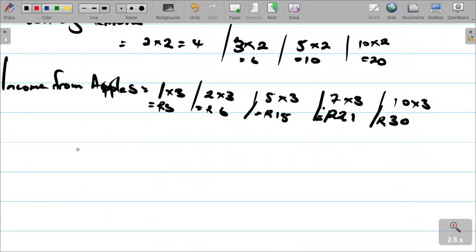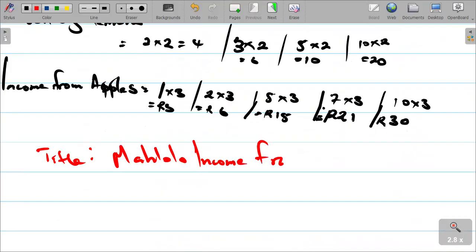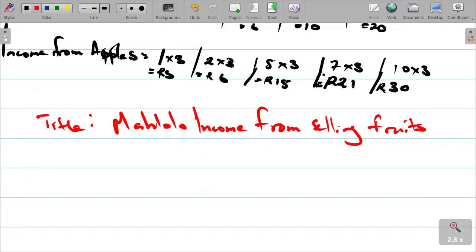So his title is Maklolo: income from selling fruits.